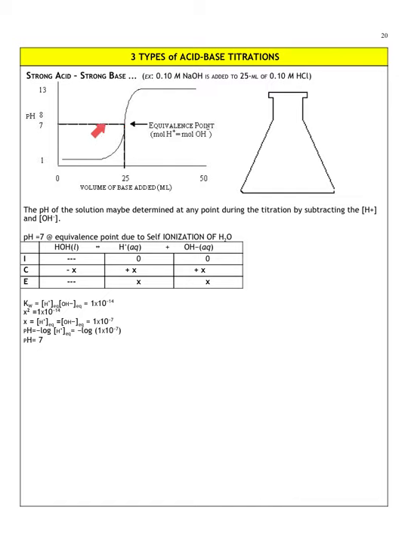Most students and most people in the world will think that the pH is always 7 when you're dealing with any acid or base situation, but it does depend on the strength of the acid and base. But at this point, your moles of acid equals the moles of base, and this is called the equivalence point. Notice this is the inflection point. The inflection point is when the concavity changes, just a reminder.